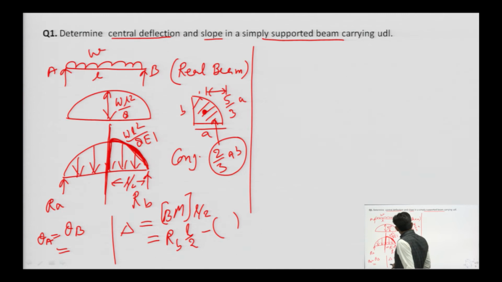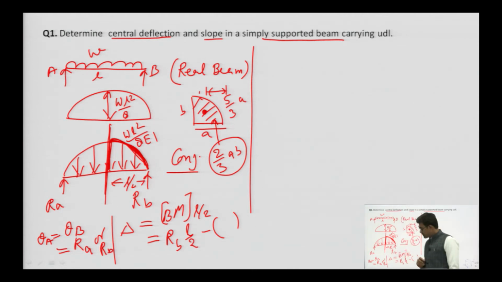So shear at A in the conjugate beam will be RA or RB.